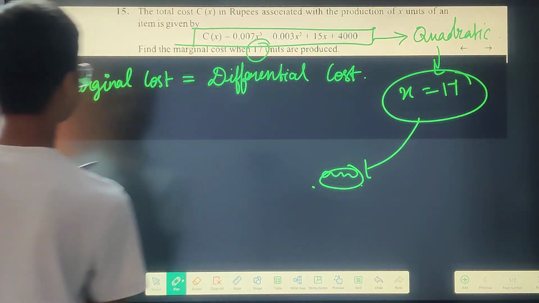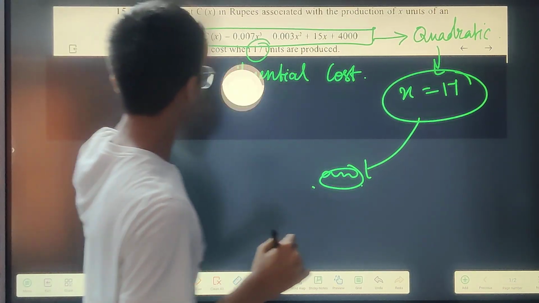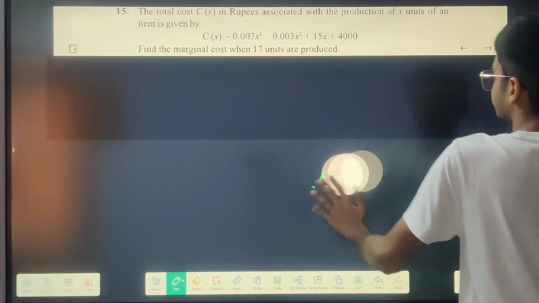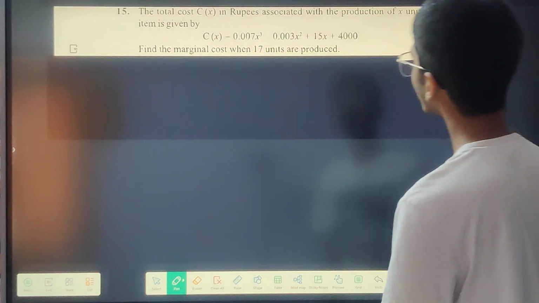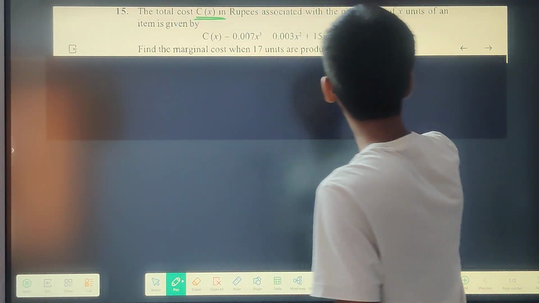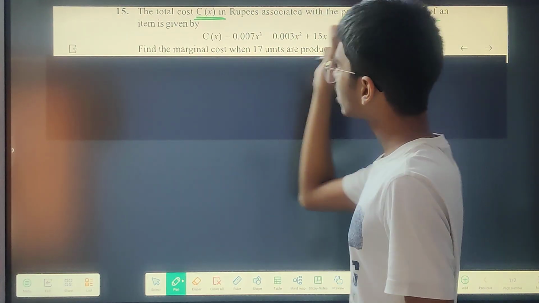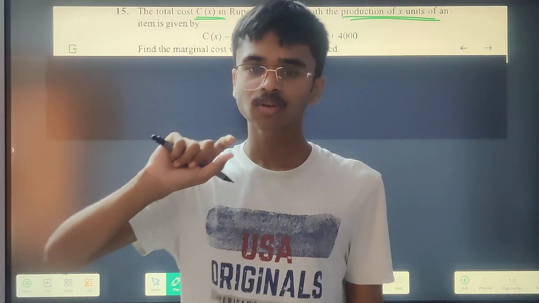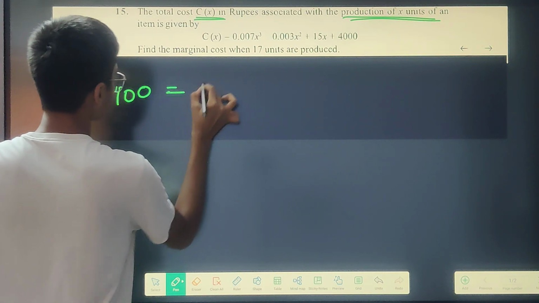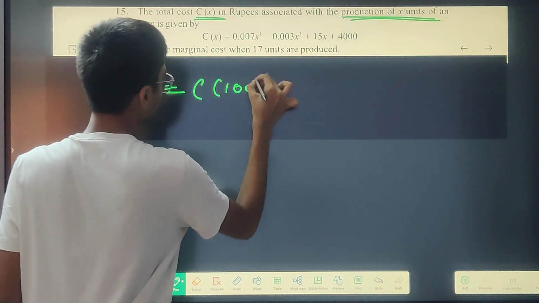Okay, first we will read the question, then we will come here. The total cost is actually C of x, rupees associated with the production of x units. For example, to produce 100 units, C of 100 is going to be your cost.